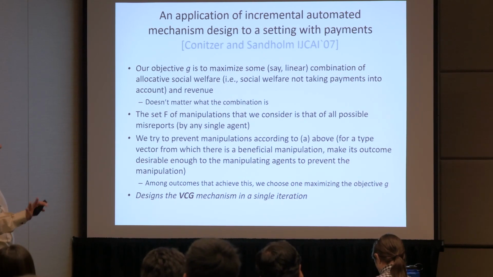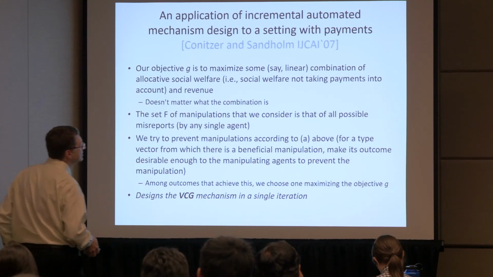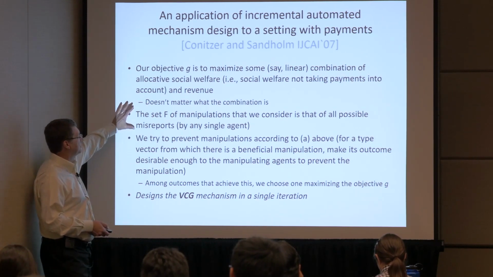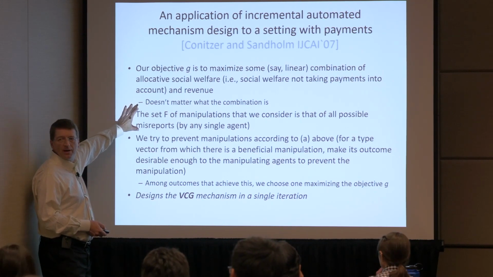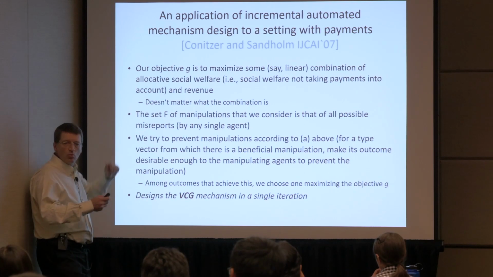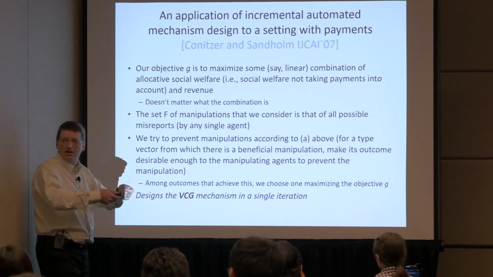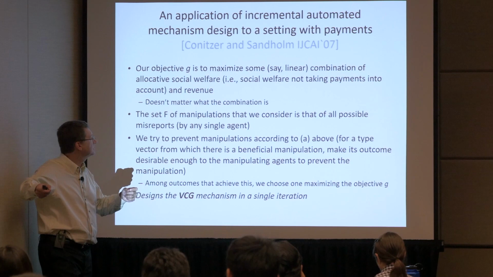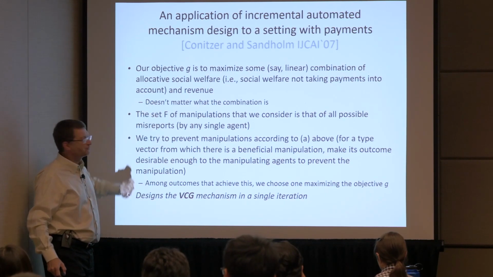Which combination doesn't really matter. The set F here of manipulations that we consider is that of all possible misreports by any single agent at a time. So we look at one person changing at a time, and then we do it for all of the players, and that's our set F.